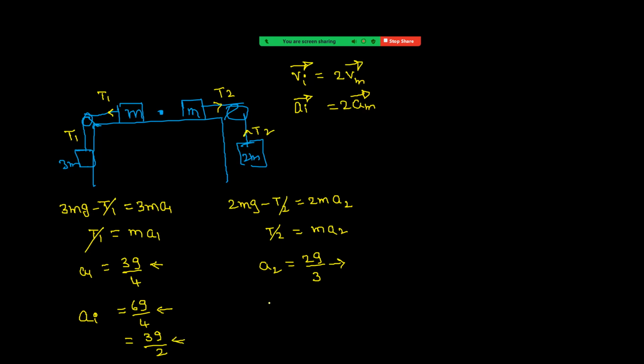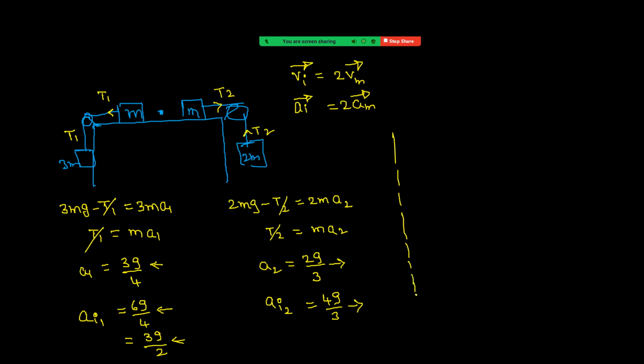And coming to here, the acceleration of the image, take this as 1 and this as 2, becomes twice. So it is 4g by 3, right side. So we got the accelerations for the images. Okay. 3g by 2 left side. 4g by 3 right side.